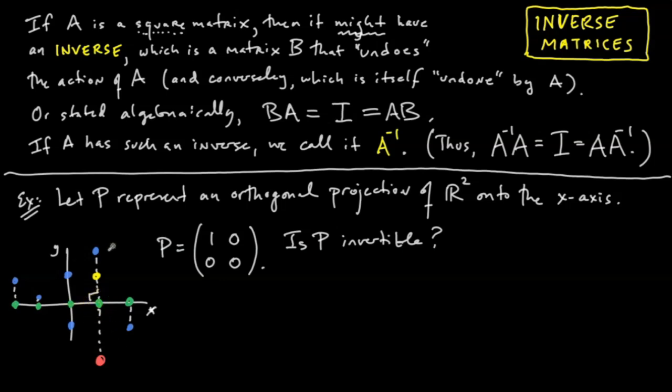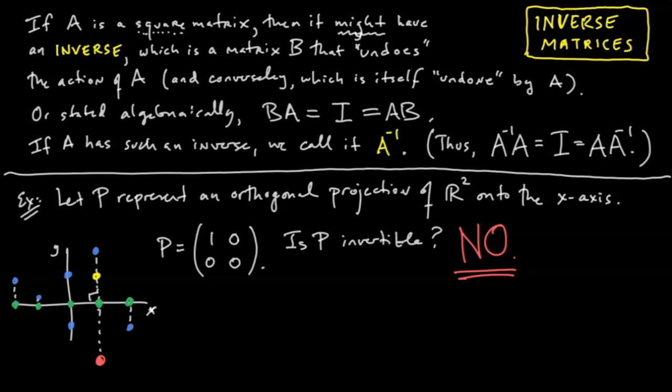And in fact, there are infinitely many others that could have been projected to that point. Anything on that particular vertical line would do the job. That means that the linear map cannot be undone. It cannot be inverted. The projection is not invertible, and therefore, obviously, the matrix, which merely represents the projection, is not invertible.